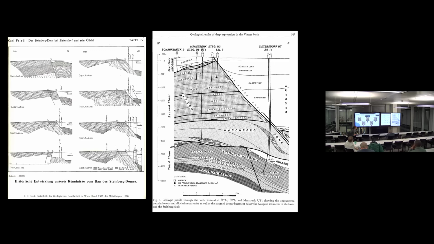And then in the 1980s, they really drilled some record drillings down to 8,500 meters of depth. So this was really something like a record-setting drilling to get into what they called the so-called third floor.